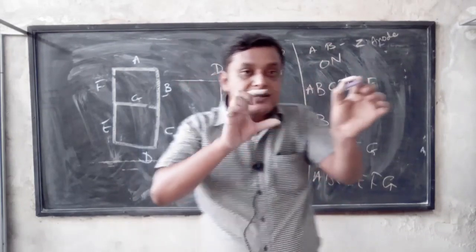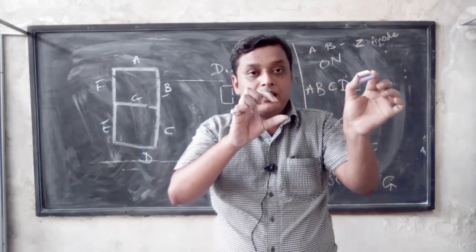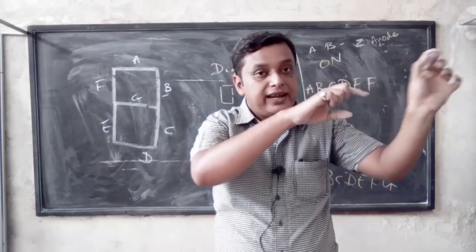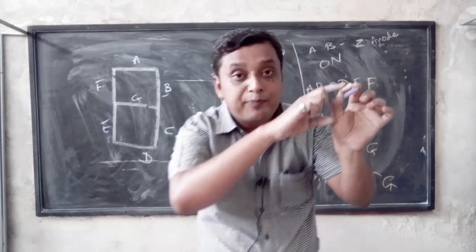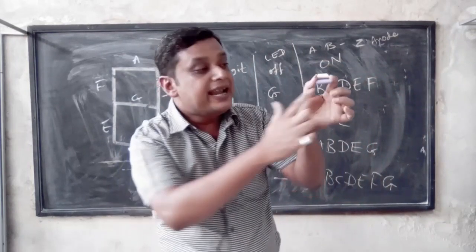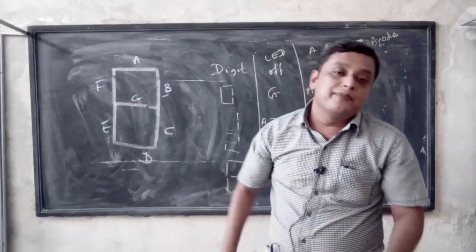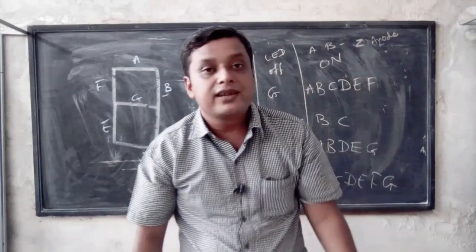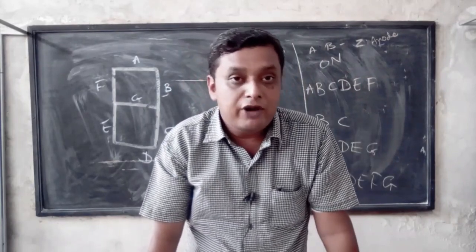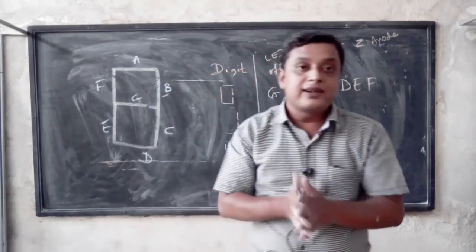This LED is connected under the forward bias. The P-type semiconductor of this LED is connected to the positive terminal of the battery, and the N-type semiconductor of the LED is connected to the negative terminal of the battery. So this is a forward bias condition. What happens in a forward bias condition?